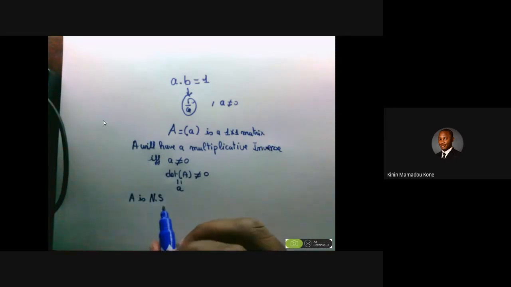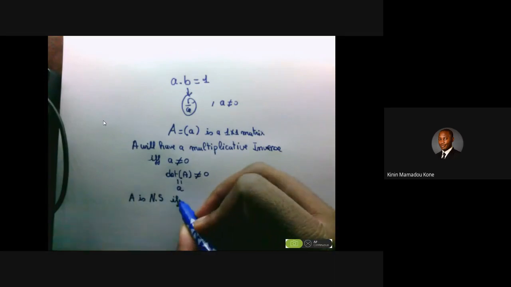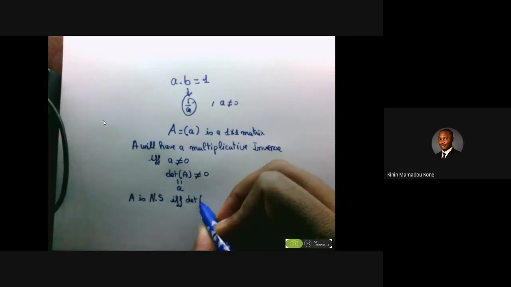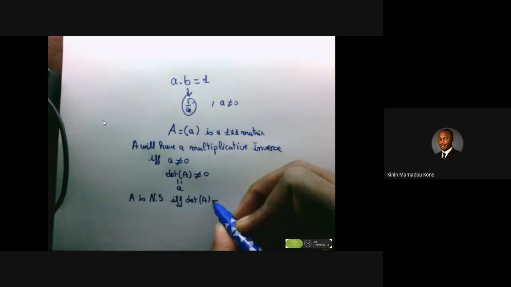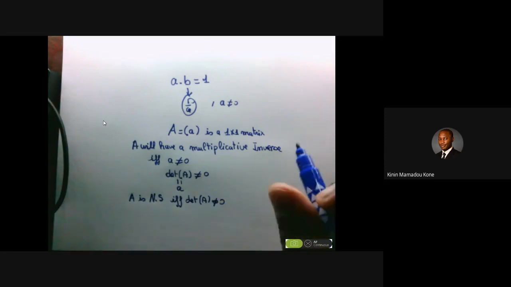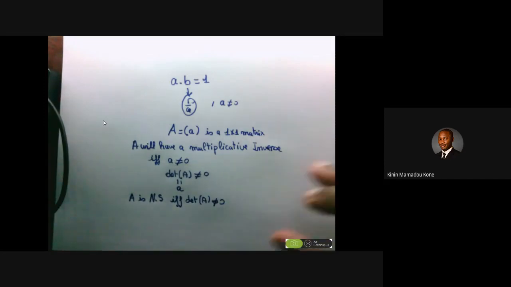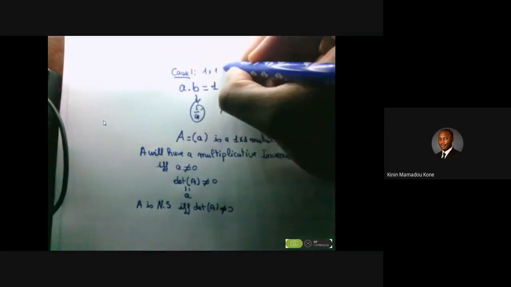A matrix A is non-singular if and only if its determinant is not equal to 0. We can move further to another type of matrix. So here's case number 1, where we have a one by one matrix.